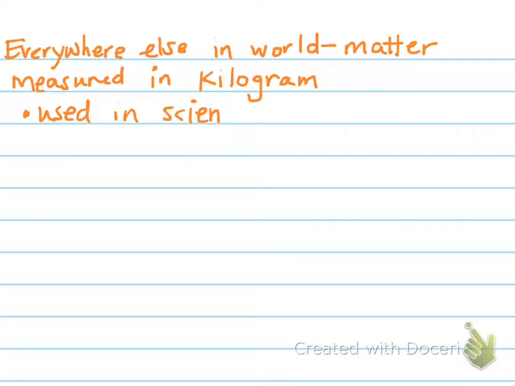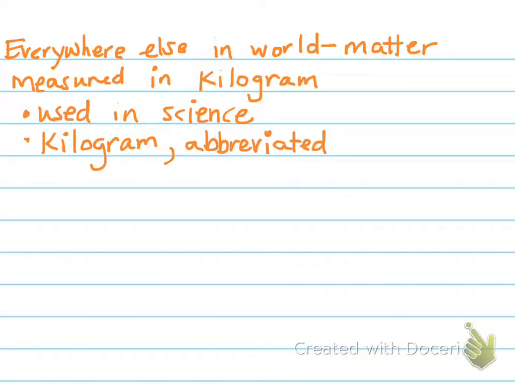So when we talk about matter, we're typically going to talk about it in grams or kilograms. So kilogram is the unit we use, and it is abbreviated with a lowercase k. I actually use a cursive lowercase k because it looks different than a capital K, okay? You can use a lowercase k, just make sure it's clearly lowercase, and then g.